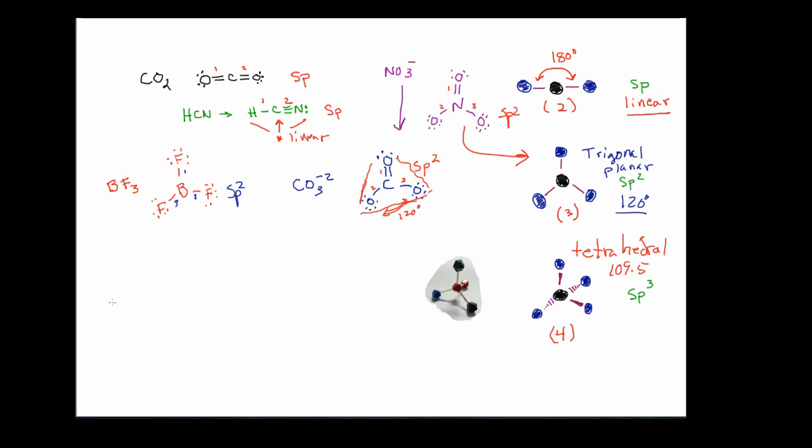Now, as an example, I did methane in the other one, so here we'll do CBr4, or carbon tetrabromide. Its structure will look like this. Bromines will be around it.